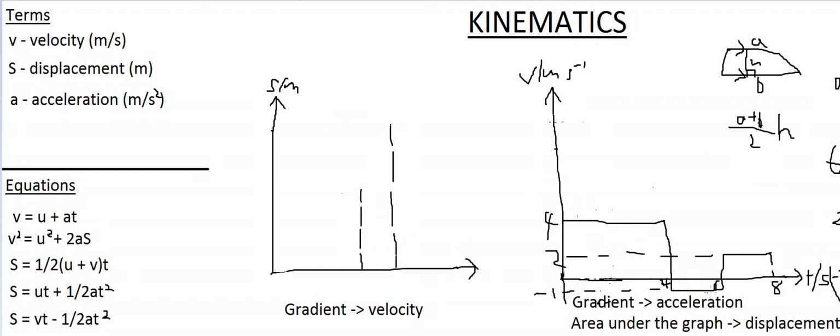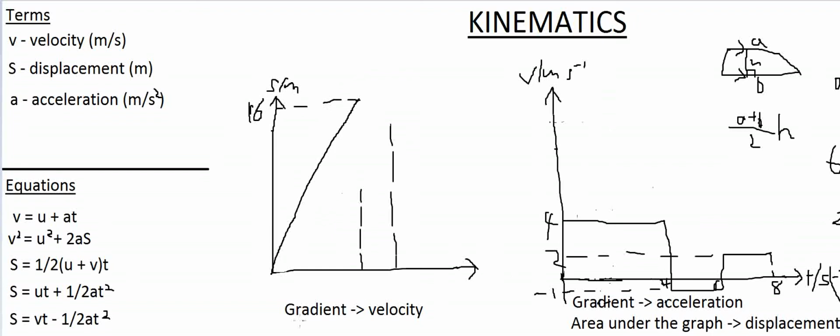In the first region, in 4 seconds you accelerate at 4 meters per second squared. So what the graph would look like here would be something like this. This is 16 meters as the displacement.